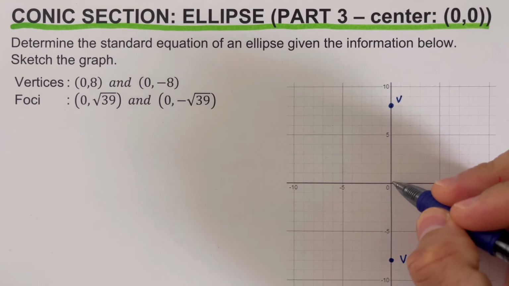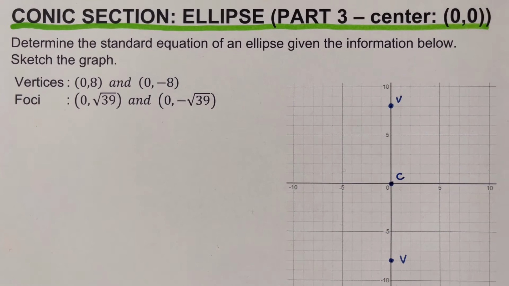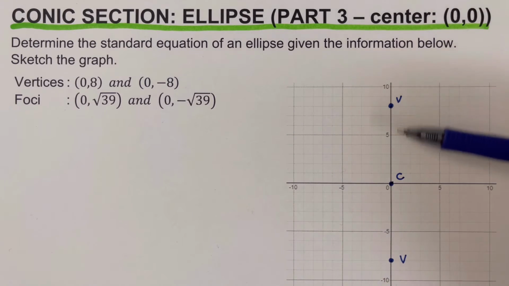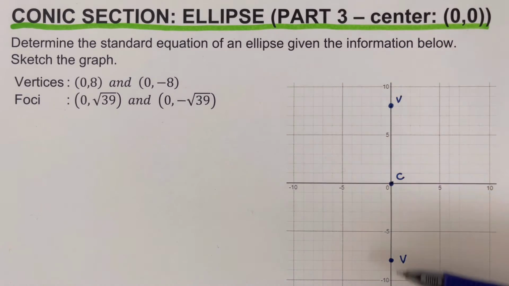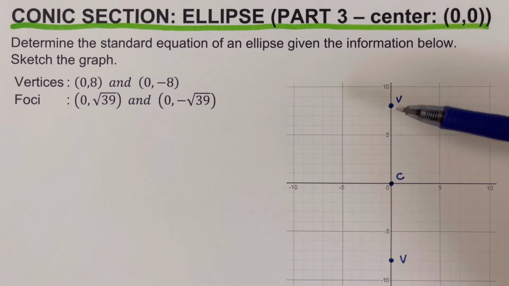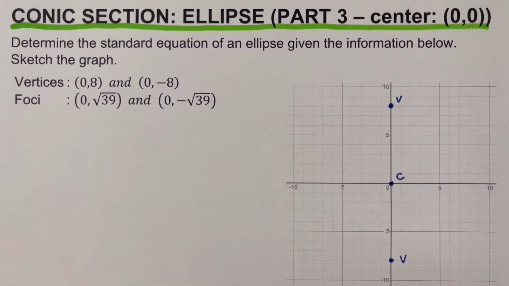I'm going to label this as the center. And we can say that this ellipse is a vertical ellipse because the two vertices are on the vertical line, or on the y-axis. So I'm going to write that up here.